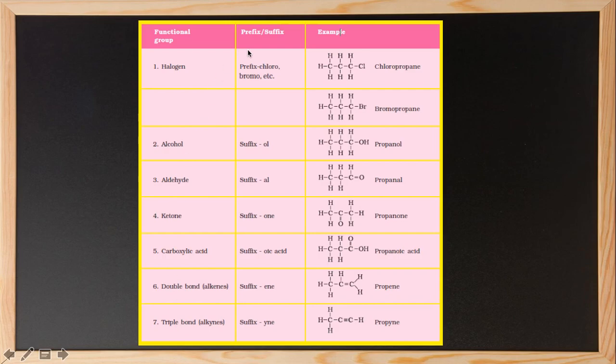Now, let us see the prefix. If it's a halogen, then it would be chlorine, bromine, fluorine, or iodine. Let's check out chlorine and bromine. We say the prefix as chloro, bromo. So for example here, chlorine is a heteroatom that replaced one of the hydrogens attached to this carbon and took the place of the hydrogen.